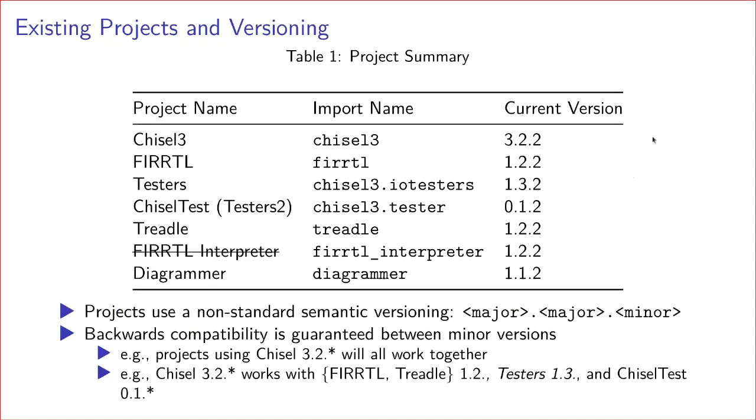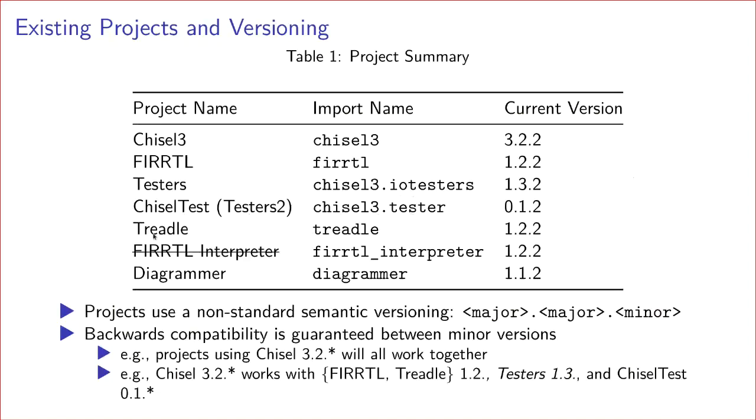All right, so projects and versioning. This is sort of a rough list of the core Chisel FIRRTL projects, if you will. So you know Chisel, you know FIRRTL, you know that there's different testers projects. There's Chisel3.iotesters, which is sort of the old tester, and then ChiselTest, which for a while was called testers2, which is chisel3.tester in terms of your import name.